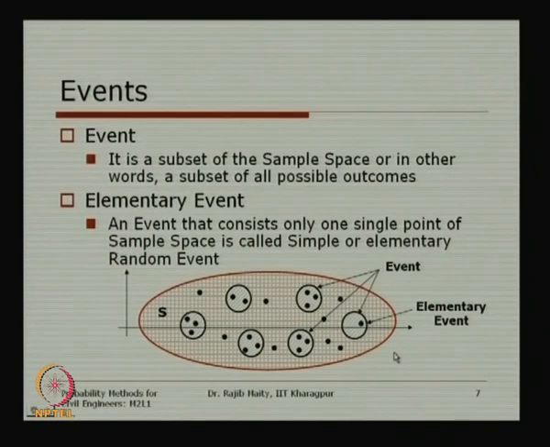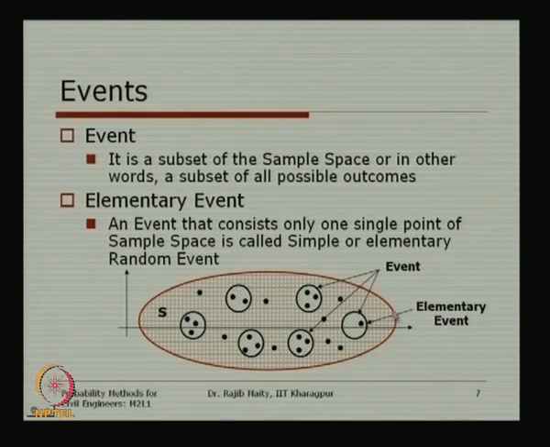The second thing, just after we know what a sample space is, is the event, and an event is a subset of the sample space, or in other words, a subset of all possible outcomes. So I know what my sample space is.